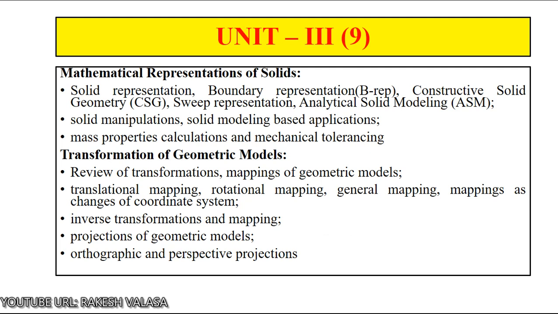In the second chapter, we will discuss transformation of geometric models, review of transformations, mappings of geometric models, translational mapping, rotational mapping, general mapping, mappings as changes of coordinate system, inverse transformations and mapping, projections of geometric models. Last one is orthographic and perspective projections.